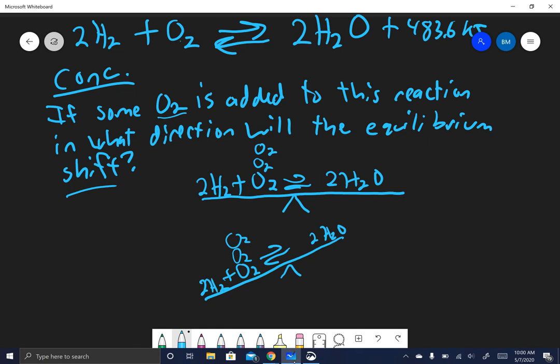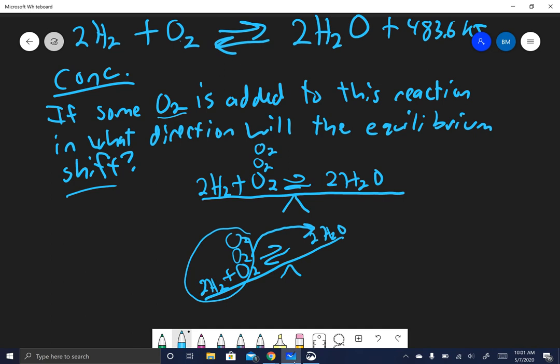So what has to happen? Basically, the way these reactions work is if you add reactants, to alleviate the extra reactants, they react. And what do they form? They form products. So some of these are going to react, make more water, and they'll make just enough to go back to being balanced.